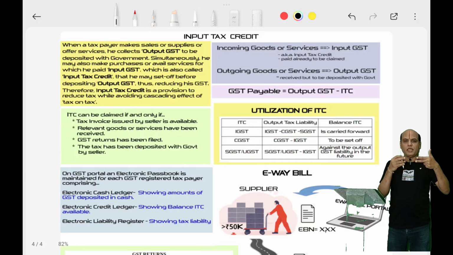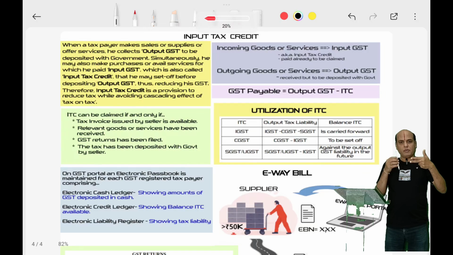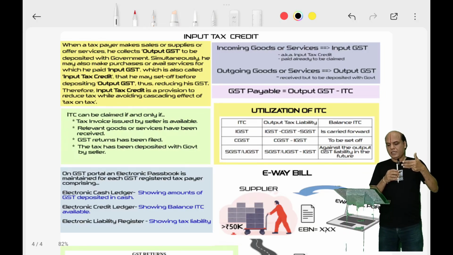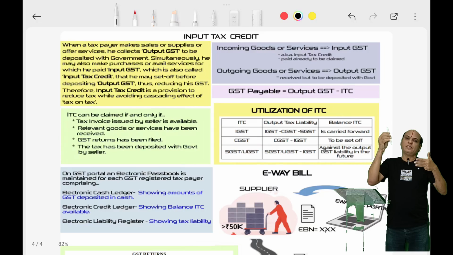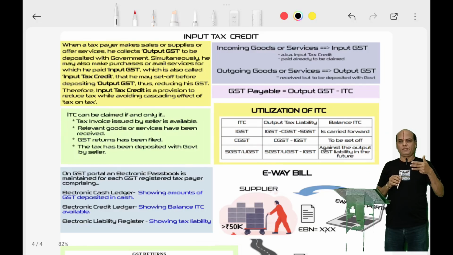So I should have done that, and only then I can claim the input tax credit. And the last condition is the tax that has been collected from me by my supplier, he should have already deposited that tax in the government bank.